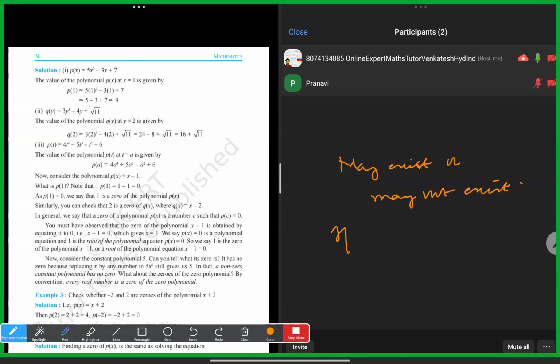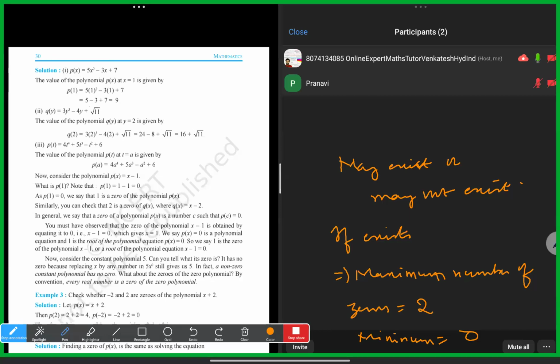If they exist, the maximum number of zeros is 2. Minimum is 0, which means zeros may not exist for that polynomial.